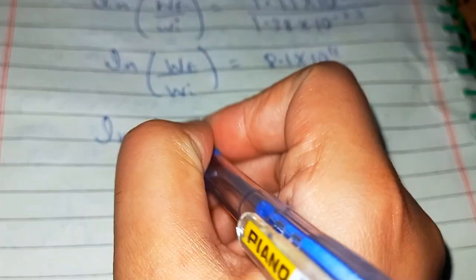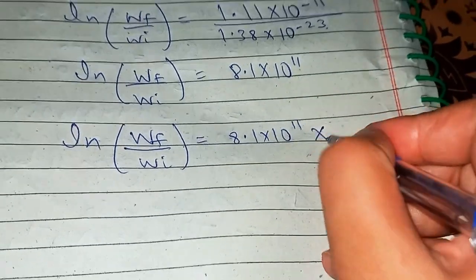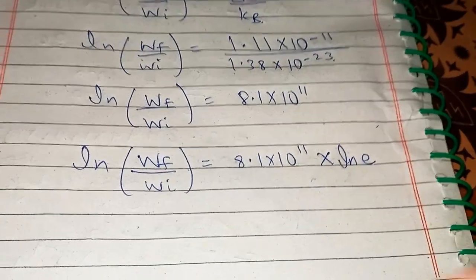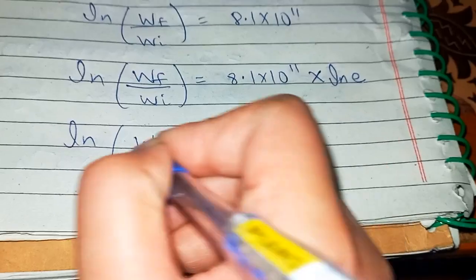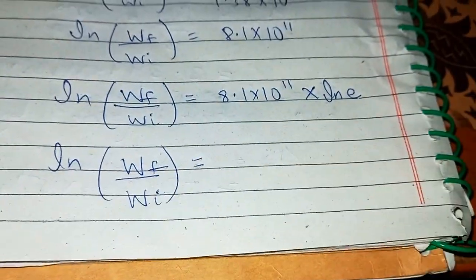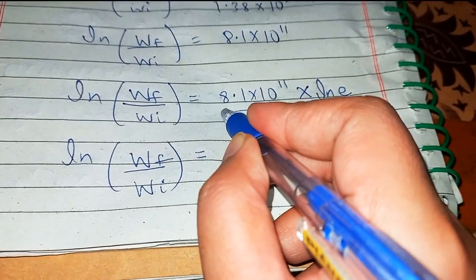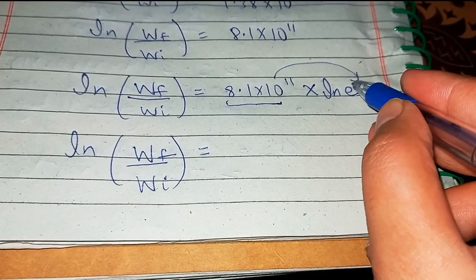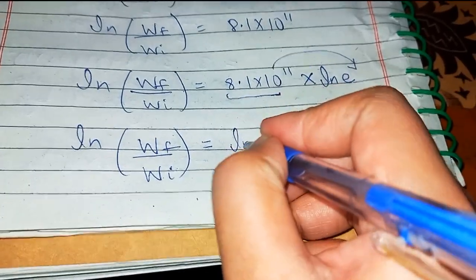And to remove logarithm, what we can do here is, we know that 1 is everywhere, and instead of 1 we can write natural log of e, because natural log of e is 1. Okay, so we can write it like that. And we know that the coefficient of logarithm can appear on the power of the term that is beside the logarithm, of which you are finding the logarithm.